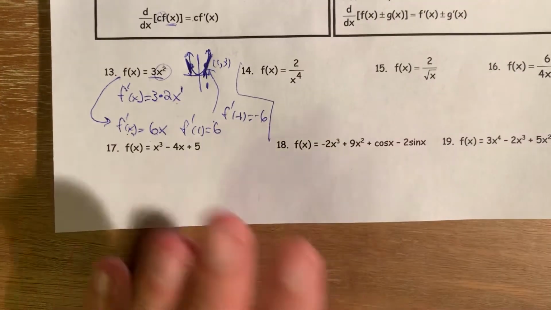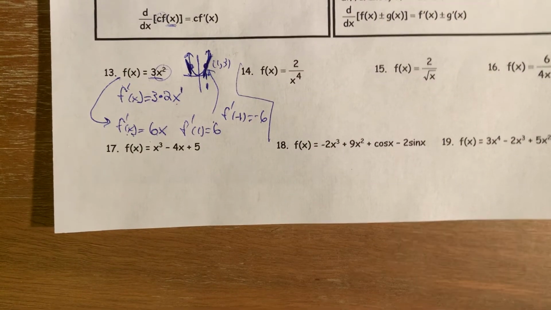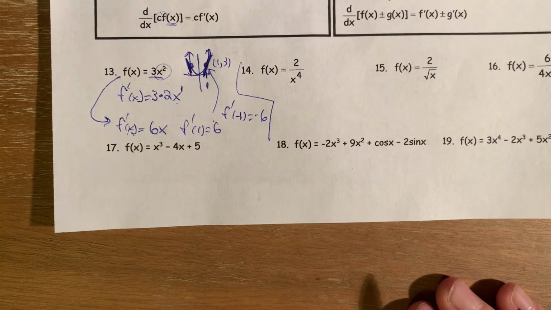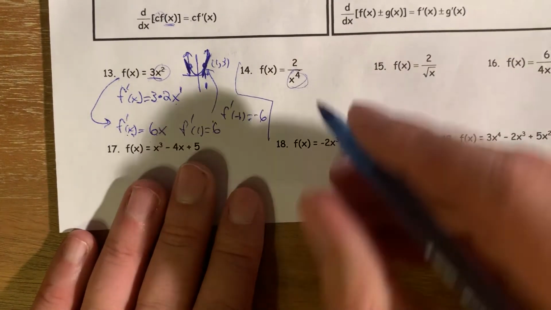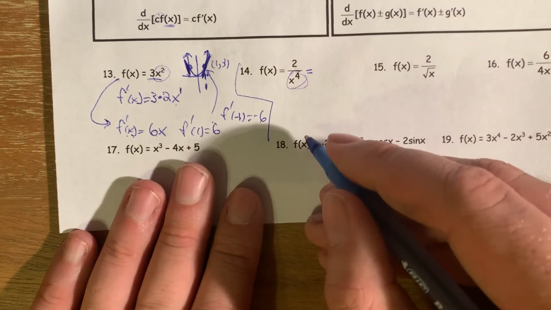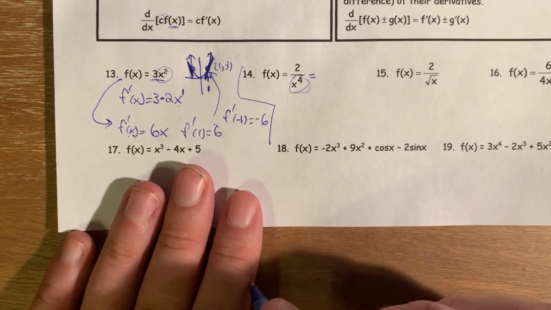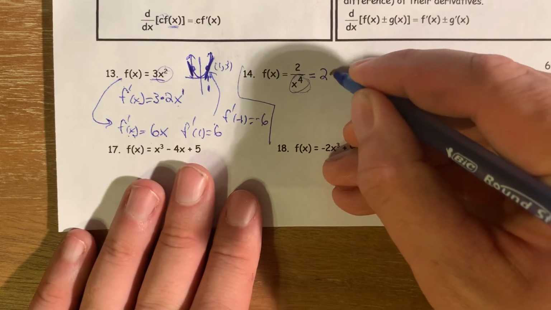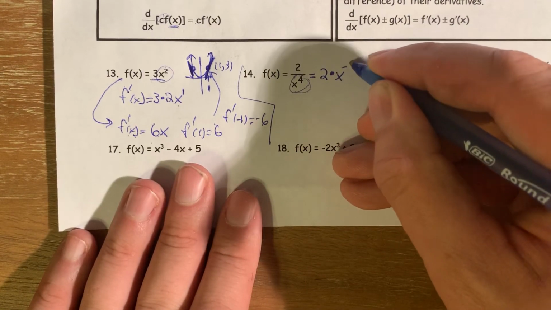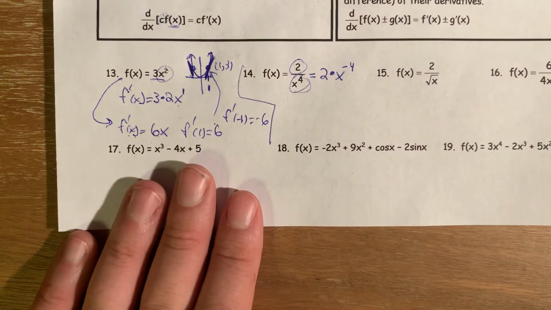Okay, how about this one? This doesn't look like a constant multiplier, but it is. Remember that dividing by x to the fourth we can rewrite as x to the negative fourth. So this is 2 times x to the negative fourth. The 2 is in the numerator, and so it's still going to be multiplying on the top.